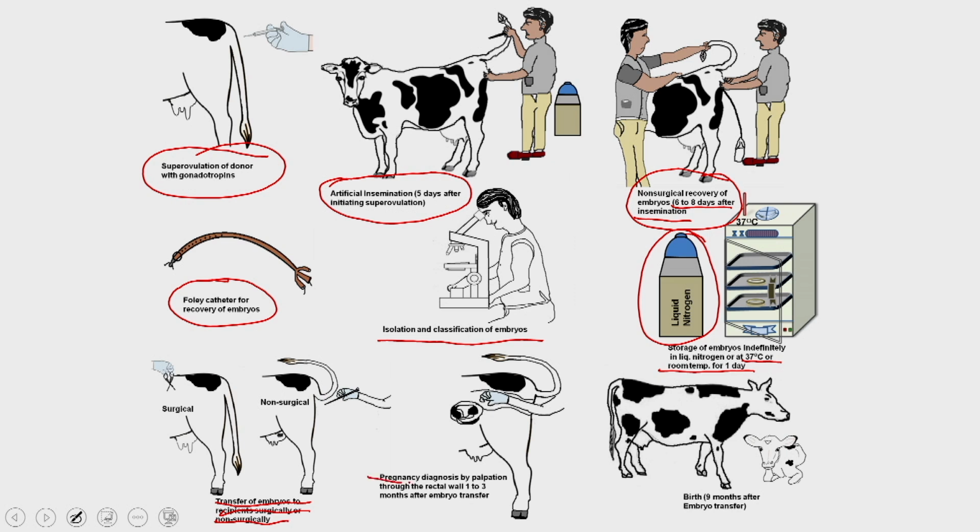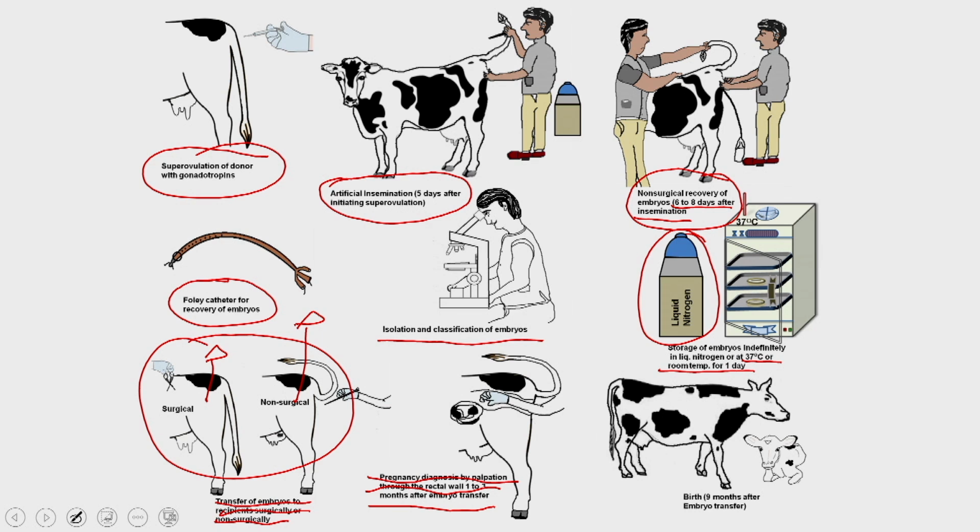Then you can detect the pregnancy by palpation through the rectal wall 1 to 3 months after the embryo transfer. In this step, you have to ensure that the donor as well as the recipient females are in a synchronous estrous cycle, so that the hormonal profiling of the donor animal and the recipient animal are the same.